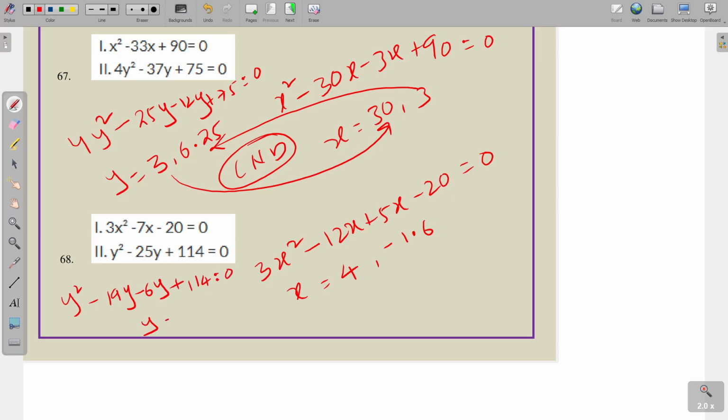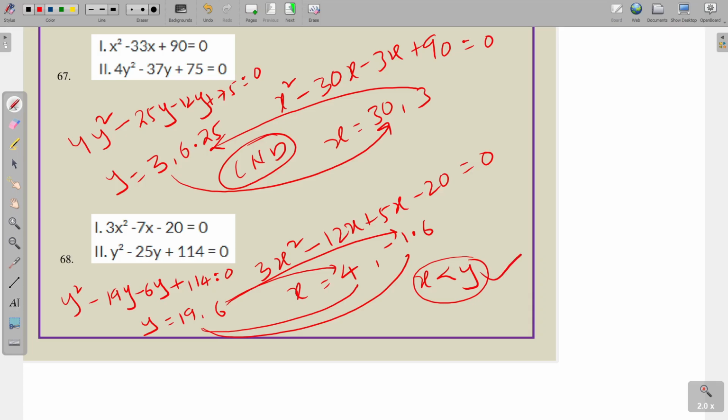Now y equal to 19 comma 6. In the comparison of these, x is lesser, x is lesser, x is lesser, and for this also x is lesser, so the answer is x less than y. This is the answer for this question.